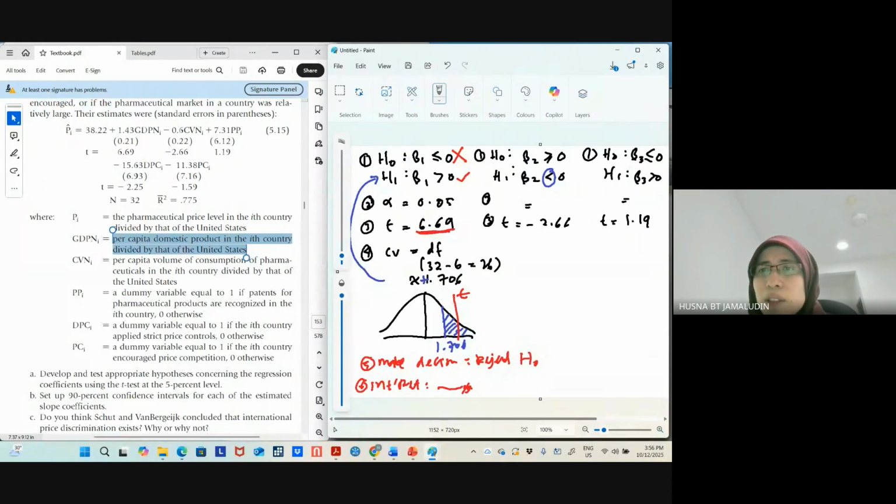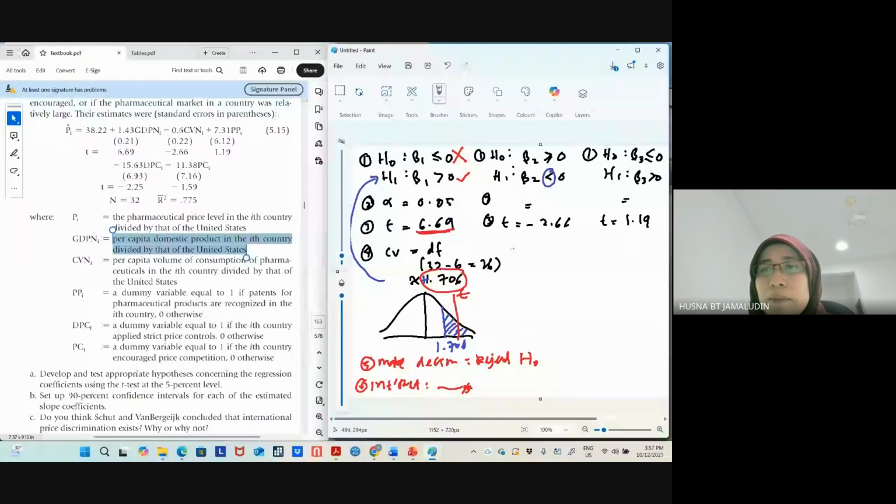Okay, so let's look at number 2. Number 2 just now. Okay, number 2, let me use a different color. For the coefficients for number 2 and 3, your CV will be the same. These are the CV, but you have to look at the H1.